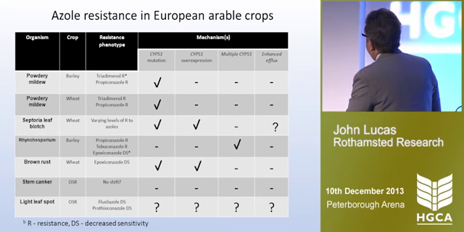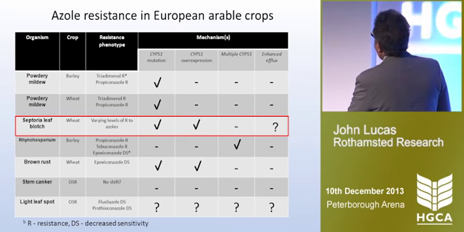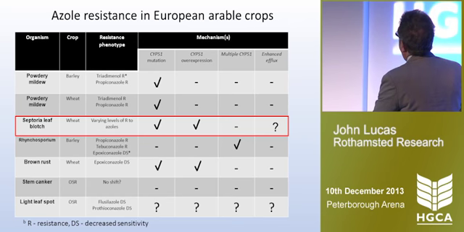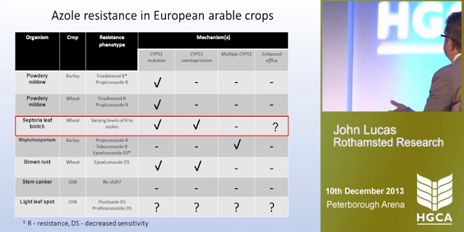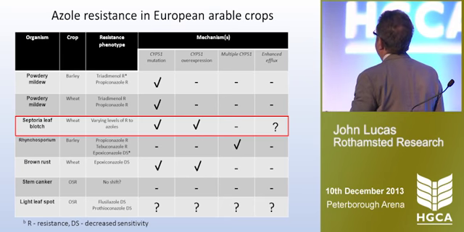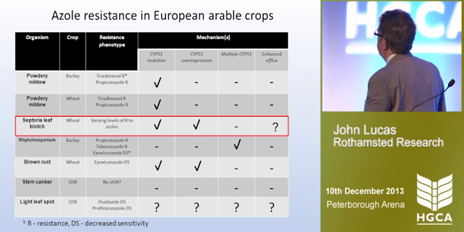But I'm going to be talking about Septoria leaf blotch, where we know that CYP51 mutations are important. That is a change in the target site. We also know that overexpression of the target site can play a part. Efflux is less well characterized, hence I put a question mark. We know that sometimes you can see isolates that do have enhanced efflux, but how much this affects efficacy in the field is debatable.